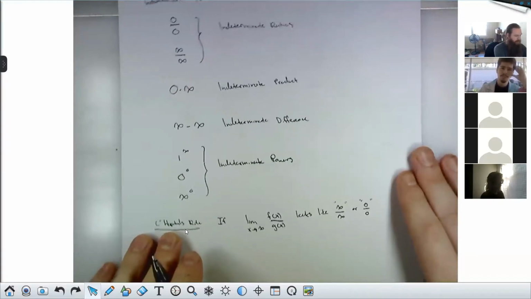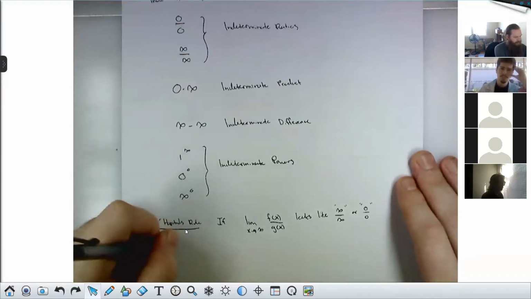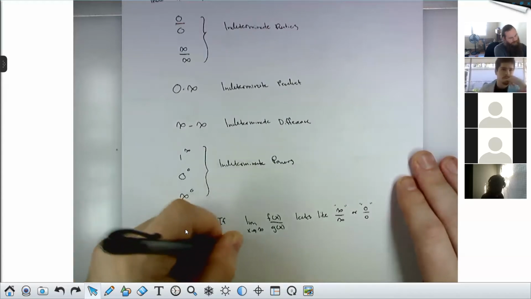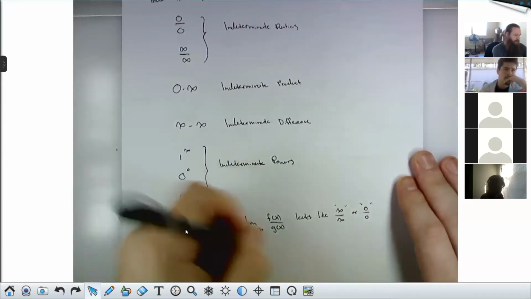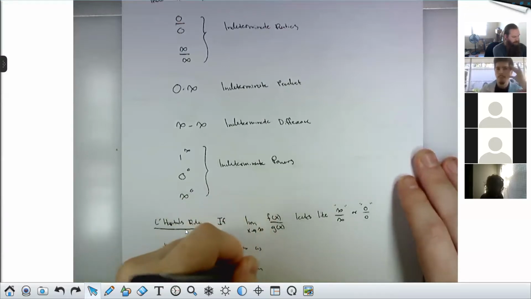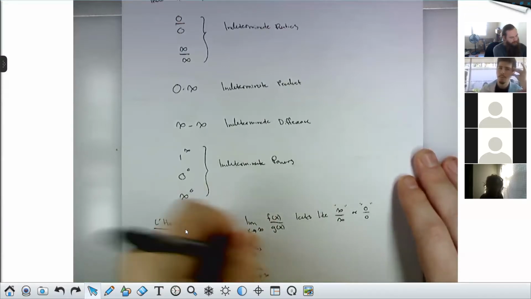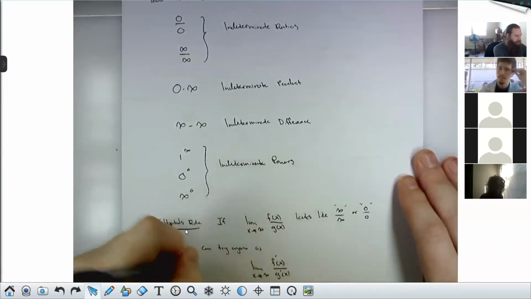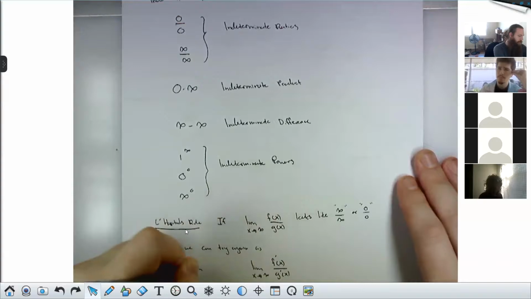If it looks like these, then we can try again, as the limit as x goes to infinity of f prime of x over g prime of x. And this will be equal to the original limit.